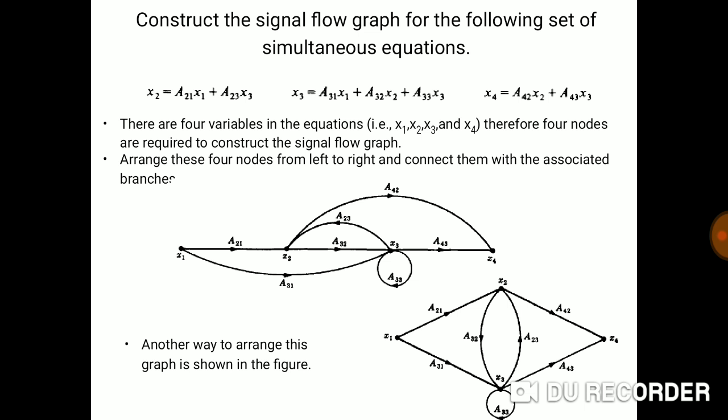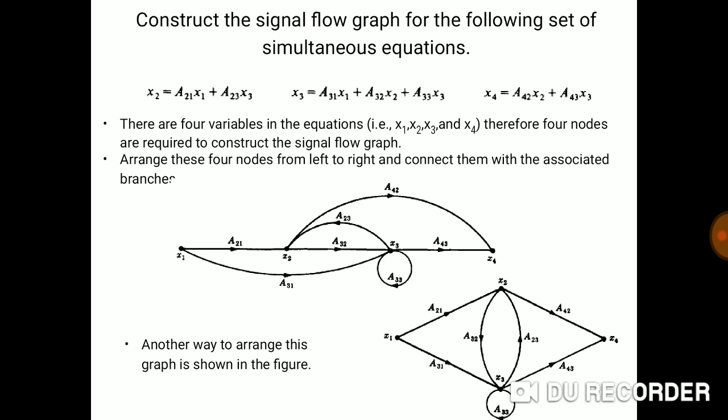We consider the first equation, X2 is equal to A21 into X1 plus A23 into X3. As shown in the diagram, there are four different nodes X1, X2, X3 and X4. Considering the first equation, X2 is equal to A21 X1 means there is an input line from X1 towards X2 with transfer function A21 as shown in the diagram.